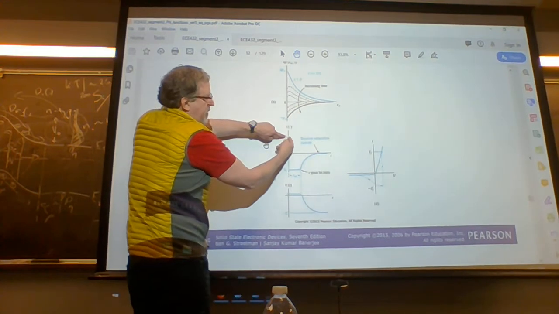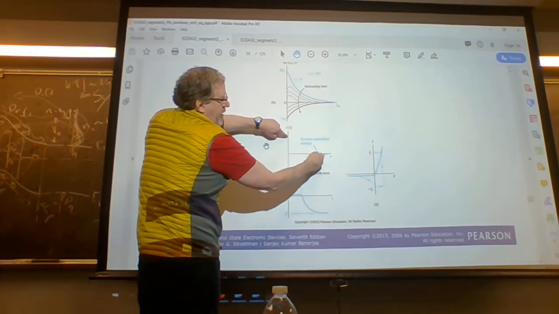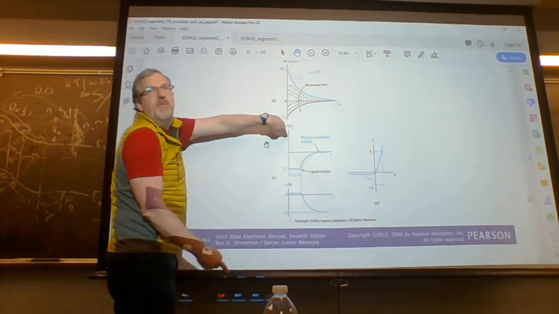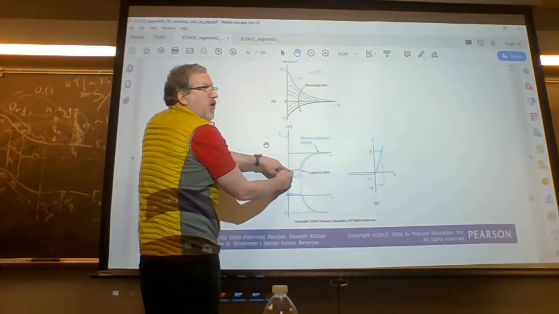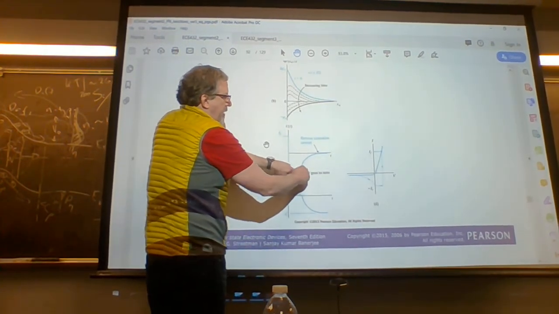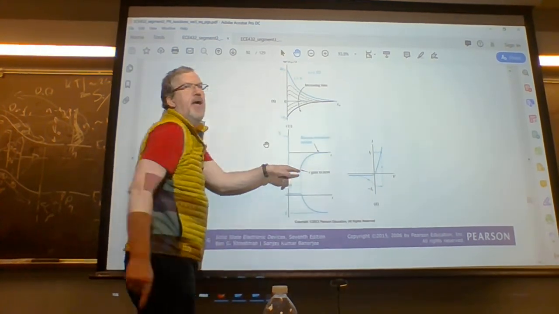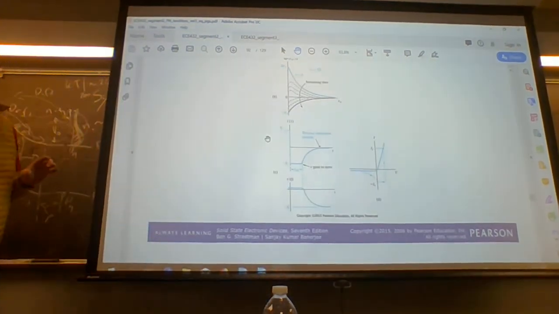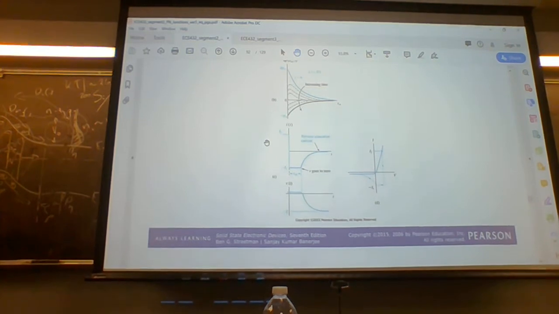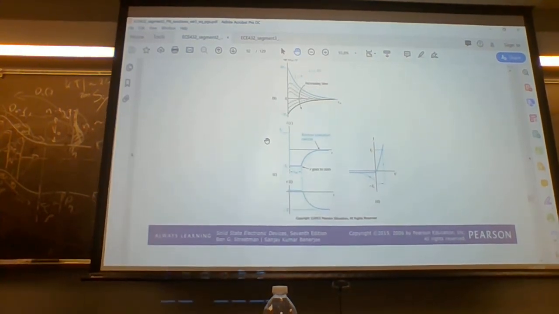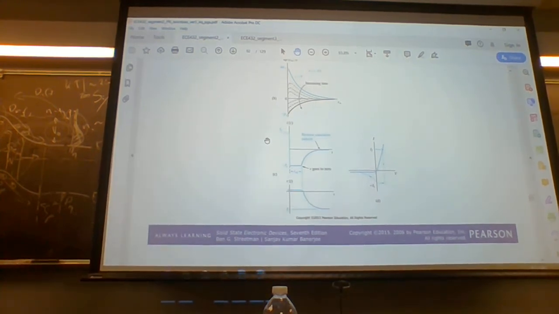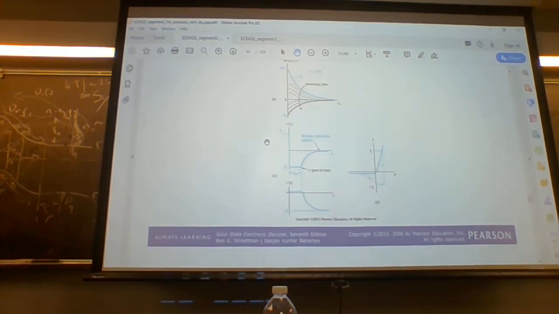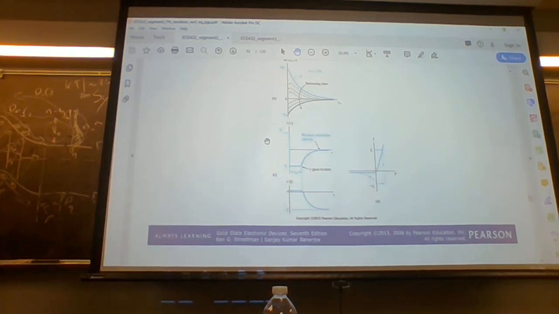Wouldn't you think that it would just exponentially decay from here down to here? Why doesn't it connect up as a concave up waveform? Why does it go full on negative and then exponentially decay concave down? This is because the voltage would be held constant until it reaches the origin point, and then all of a sudden a large amount of current will start flowing. You get full points.